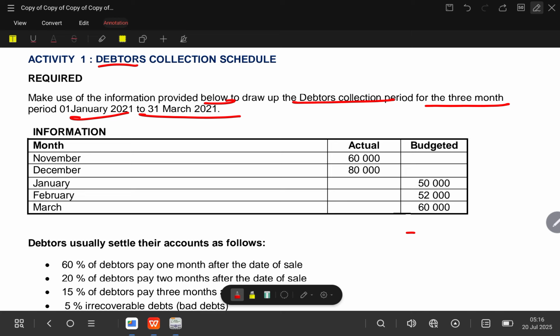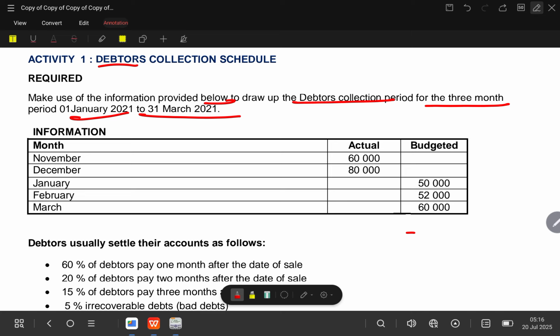Now, normally learners get confused and ask themselves, why am I given actual sales and budgeted sales? In terms of this, your actual sales you will normally use for the first few months, and after you are done using the sales that they've given you, that's when you will use the budgeted figure for the months that are still coming.